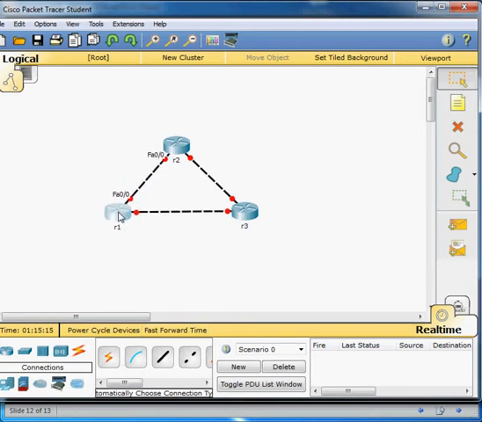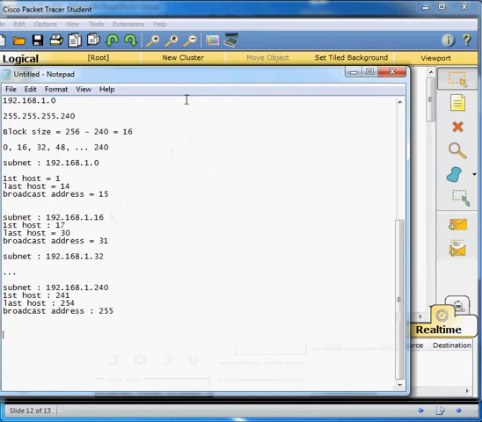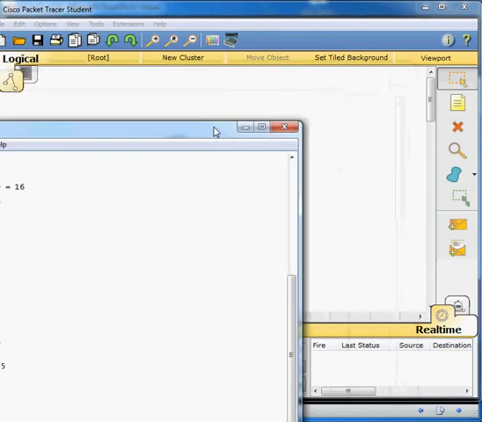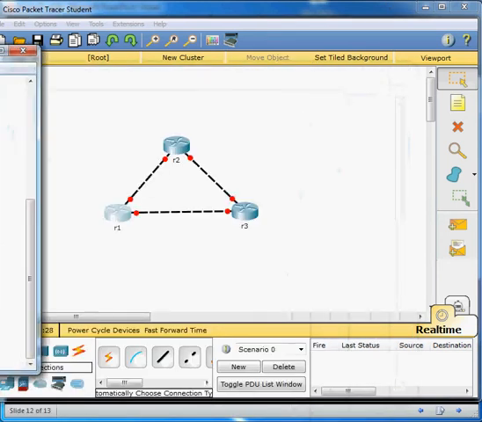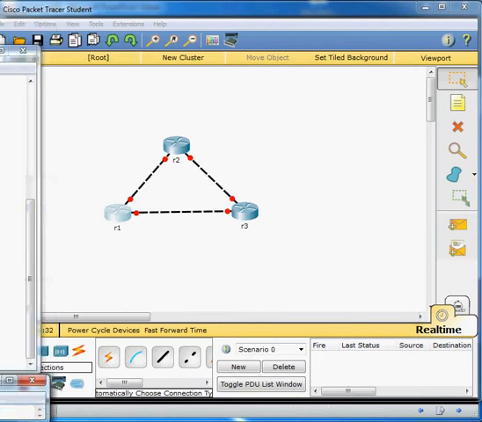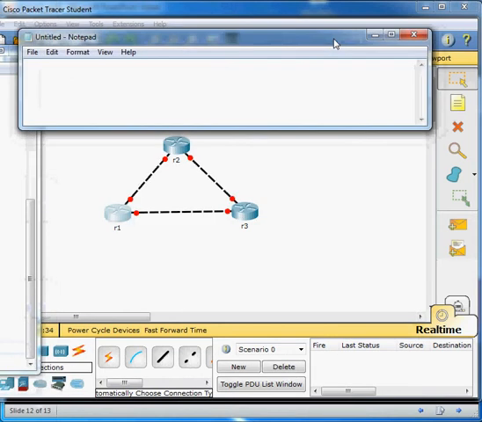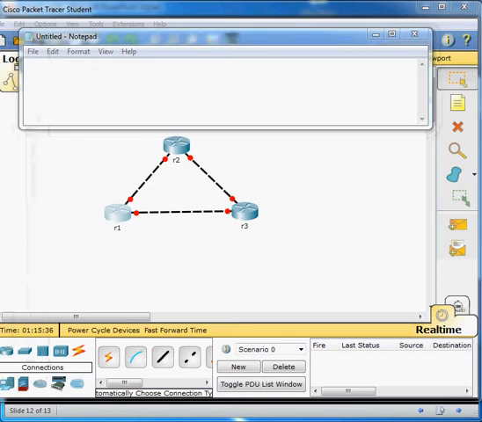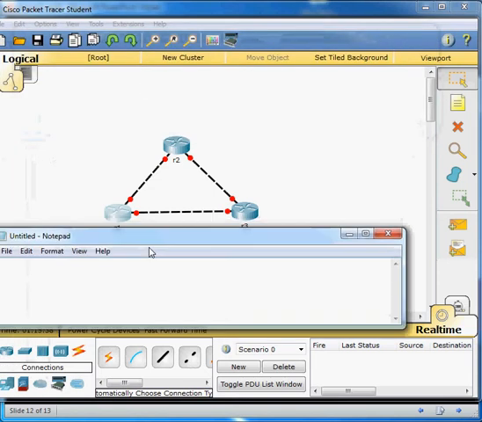And I'm just going to create a few networks here. So here are the networks I'm going to use.